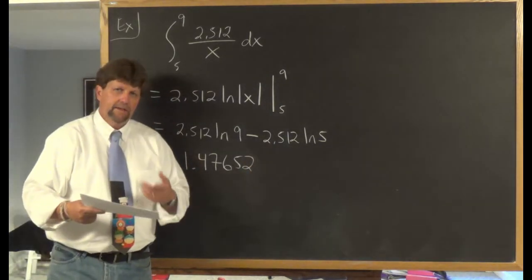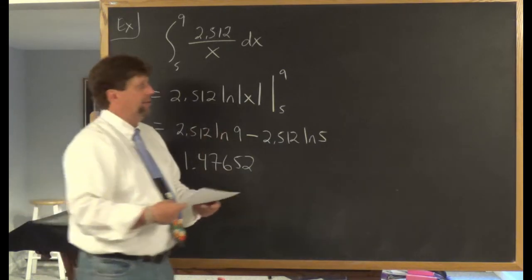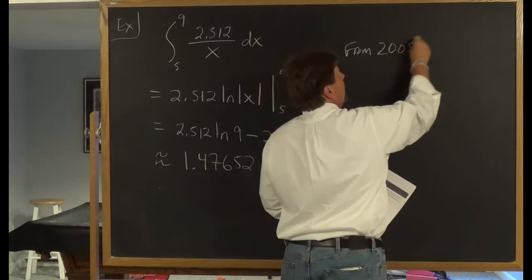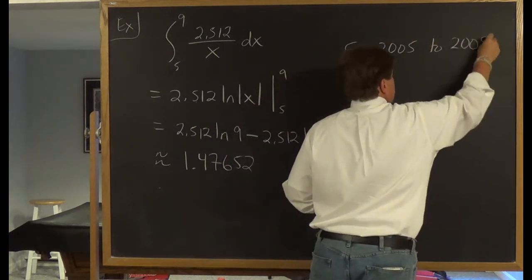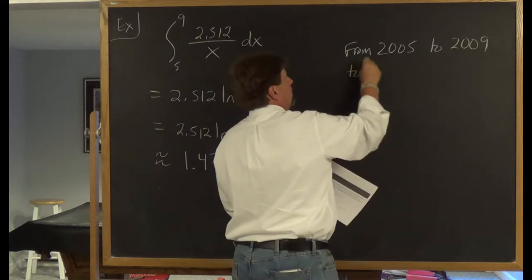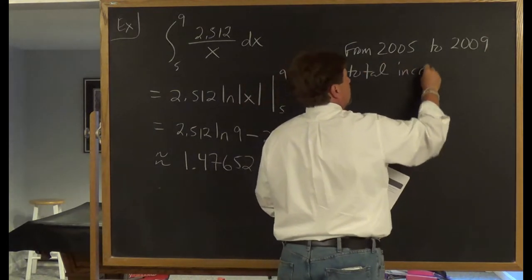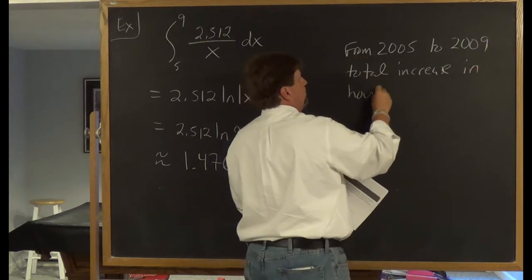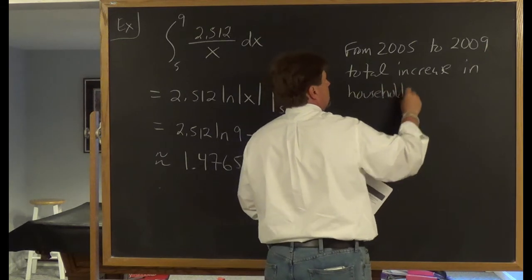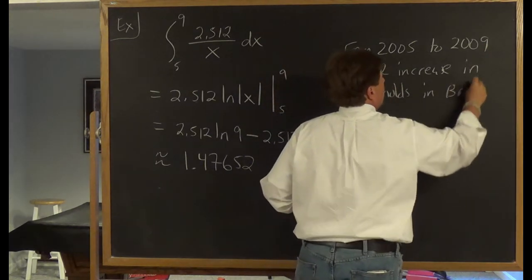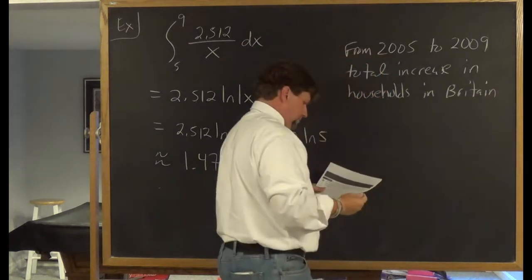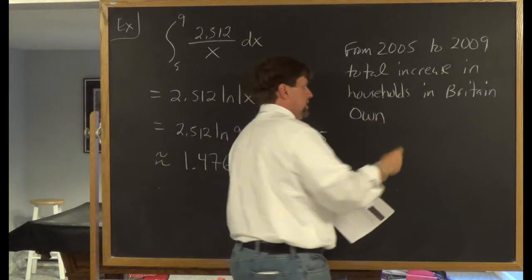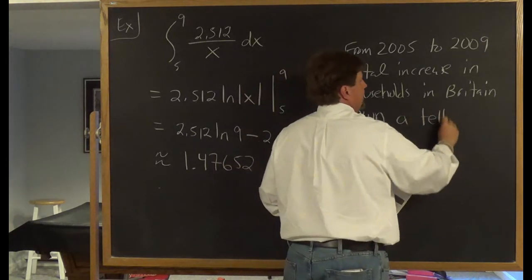So what does this mean? This means, I'll write it down over here. This actually means that from 2005 to 2009, the total increase in households in Britain, total households in Britain that own a television, but since we're talking about Britain, I'll say it, they own a telly.